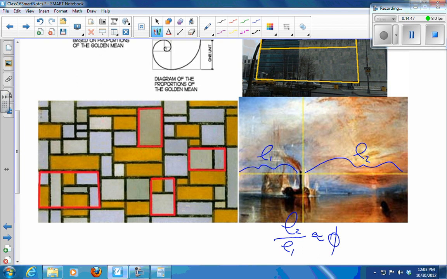Vertically also. So it approximates the golden ratio. We use the rule of thirds because you're out in the field and you're trying to approximate where you want to put something, and you can't be measuring the exact thing of a golden ratio. So we use the rule of thirds and we say that's close enough.